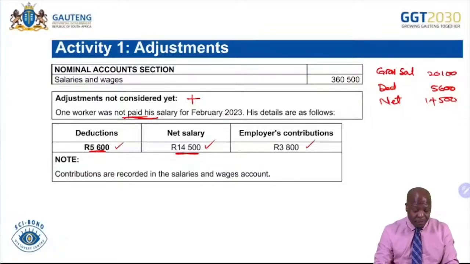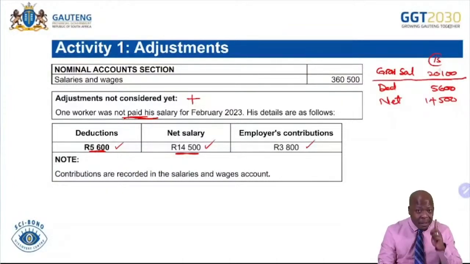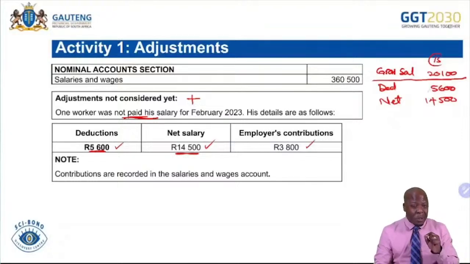So once I have my gross, it is very important that your gross is what we adjust in the income statement. Your gross is what we record in the income statement. And then, if we were required to do the statement of financial position, that is the balance sheet, we record our deductions and our net salary.